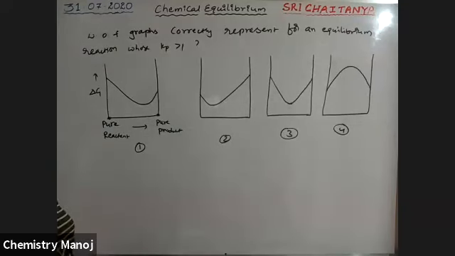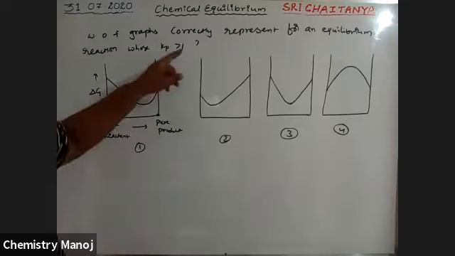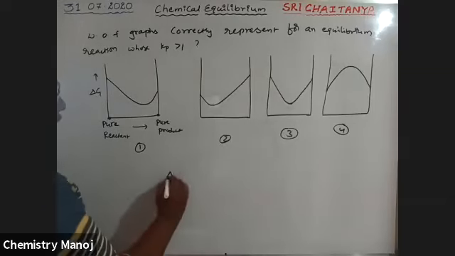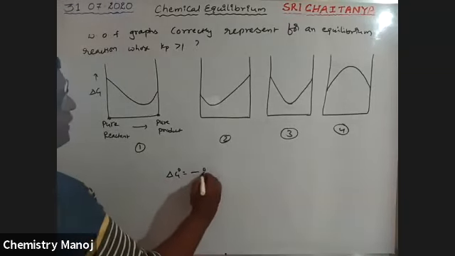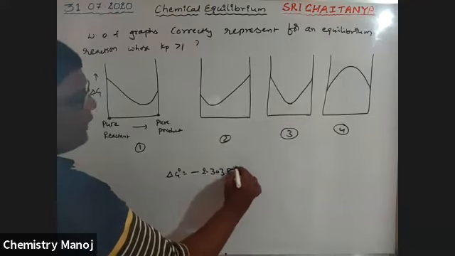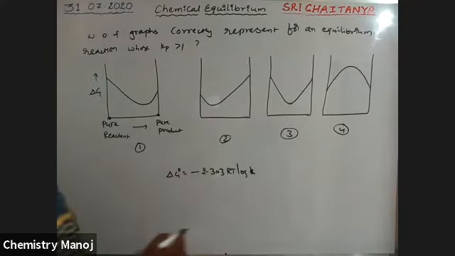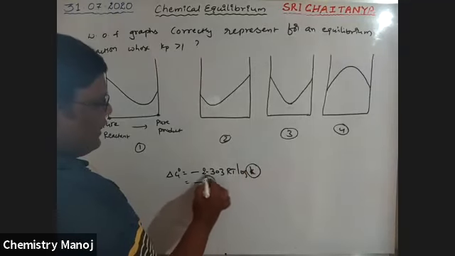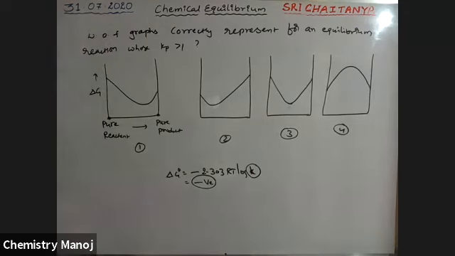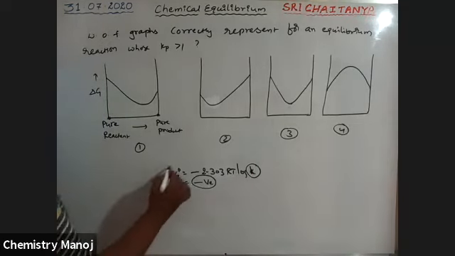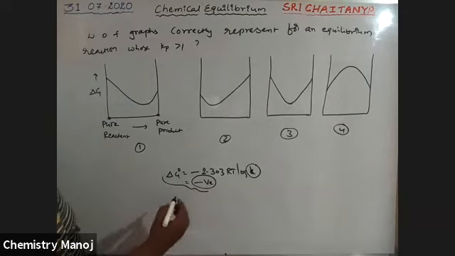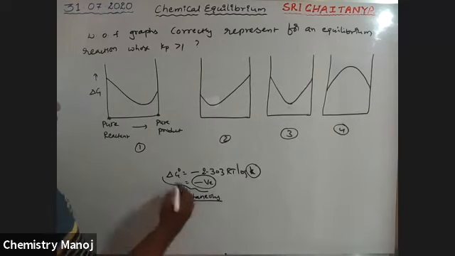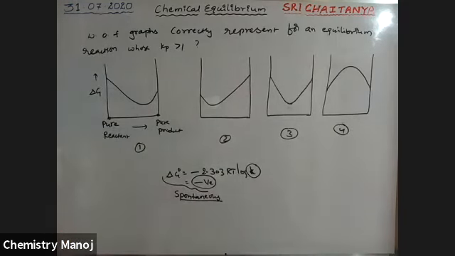See, boys. Kp greater than 1 is nothing but a positive log value. Our equation is delta G naught is equal to minus 2.303 RT log K. Because K is greater than 1, the overall value of delta G naught is negative. Whenever delta G naught is negative, the reaction is spontaneous.